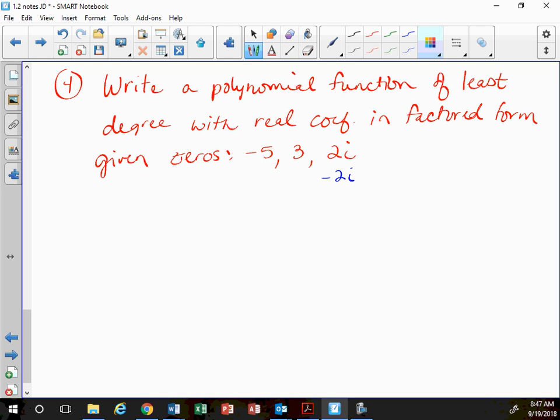Okay? I think you guys know how to write the factors, but I want to make sure you understand where the factors come from. So if I'm telling you these are your zeros, that means x equals -5, x equals 3, x equals 2i, and x equals -2i, right?